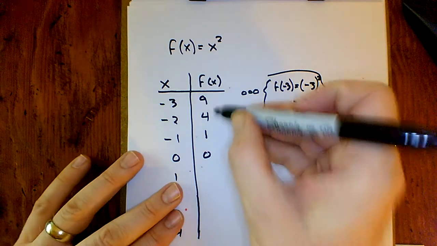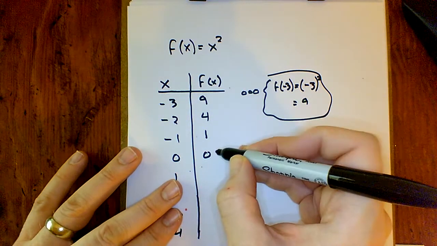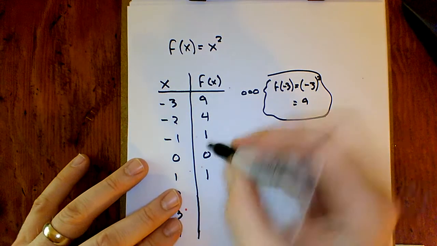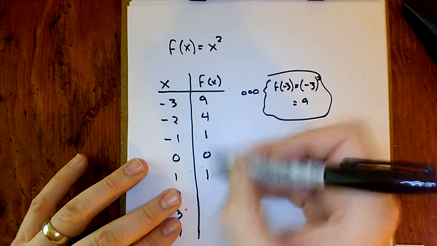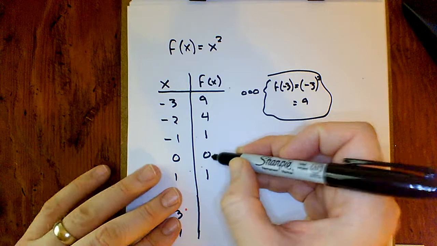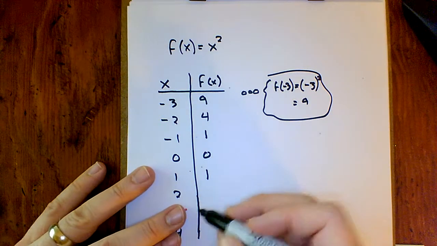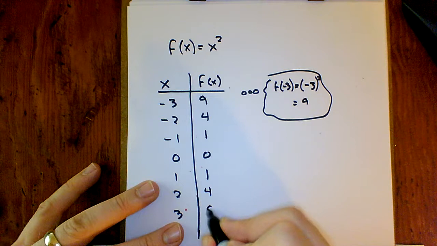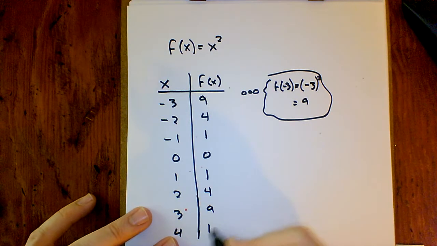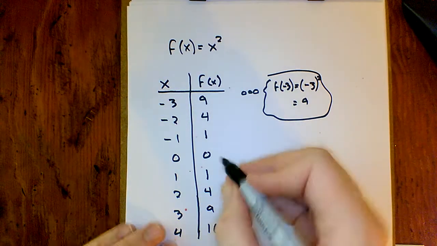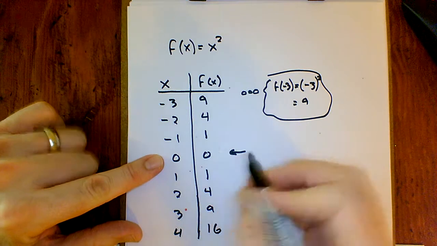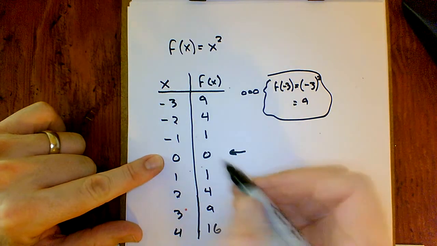And then we're going to see a pattern happening with our values, because 1 squared is just 1 again. So I've got a little bit of symmetry around this point. 2 squared is 4, 3 squared is 9, 4 squared is 16. So you'll notice that this point right here seems to be the center of this pattern.